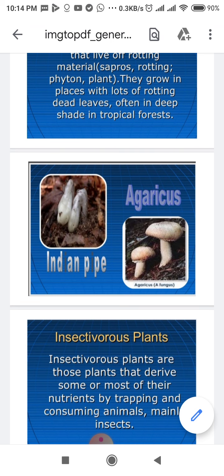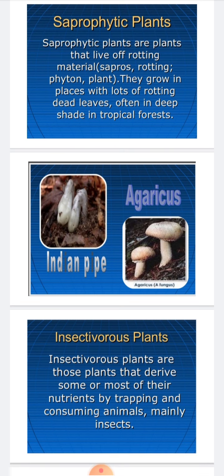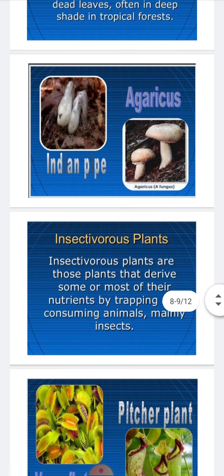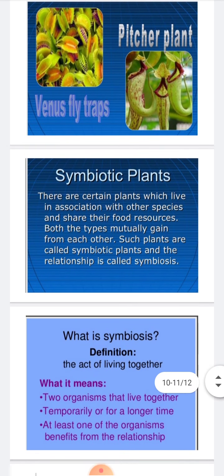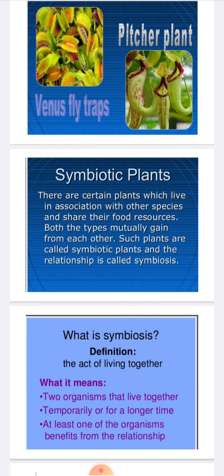And here, insectivorous plants, of course, do photosynthesis, but they need some more nutrients, so they depend on insects for more nutrients. So, insectivorous plants are at the same time autotrophs and heterotrophs. Examples for insectivorous plants are pitcher plant and Venus flytrap, which you can see in the picture.